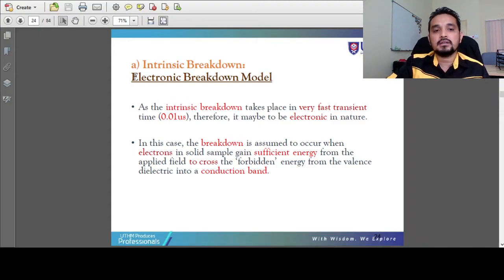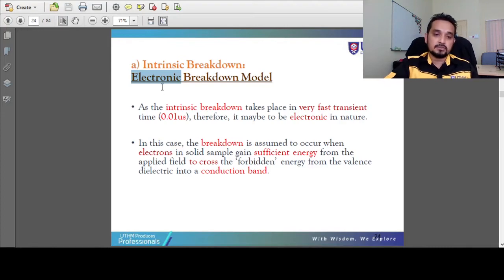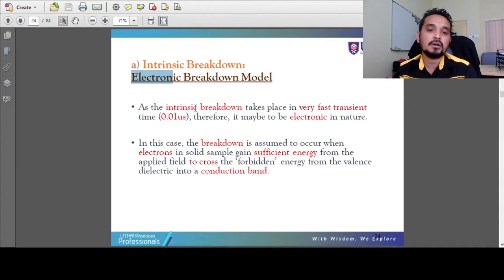Electronic breakdown. Just by its name, it indicates electrons. We call it electronic breakdown, or electron breakdown. Why does it happen? Because the electron manages to escape from the valence band.